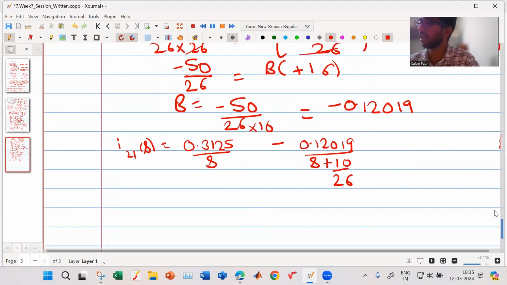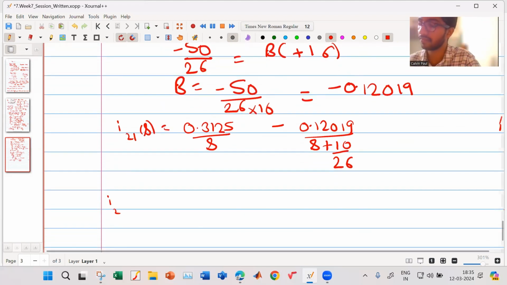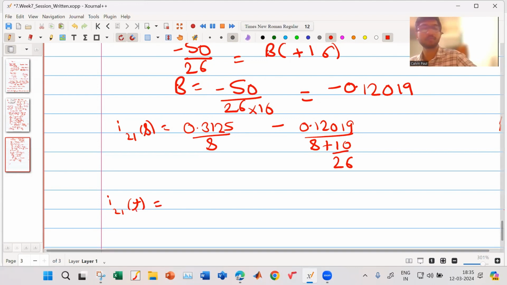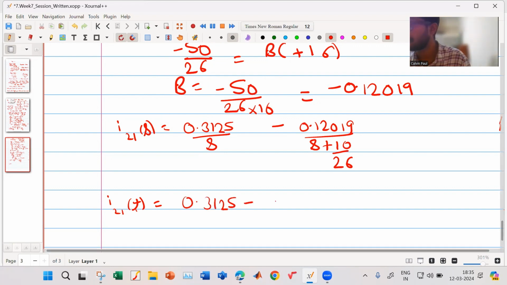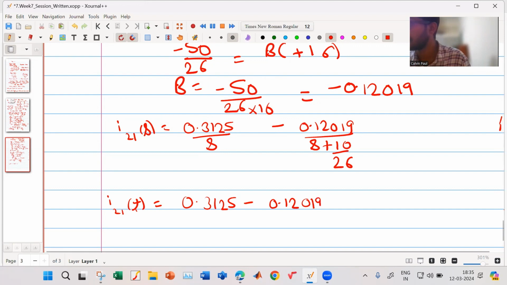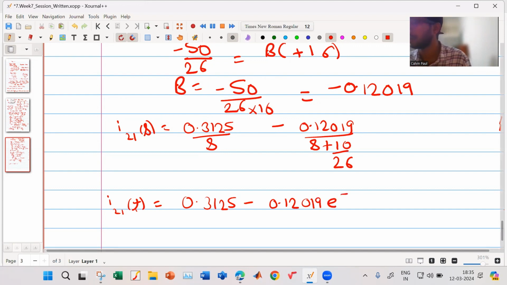Now, what will I to 1 of T be then? 0.3125 minus 0.12 into e to the power minus 10 by 26 t.